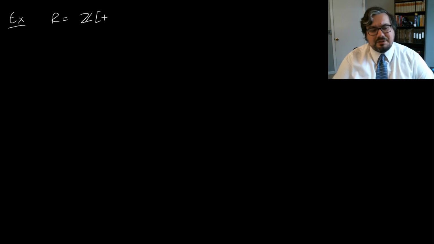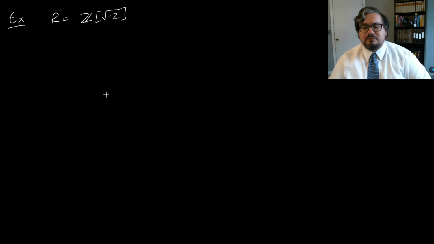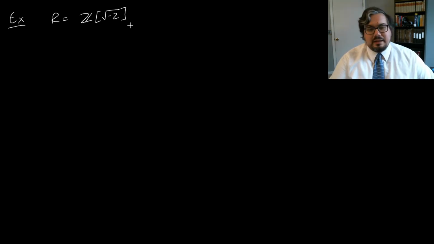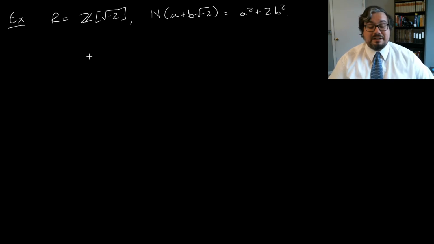Let R be the ring Z adjoin the square root of -2, and let the measure of an element a plus b times the square root of -2 be a squared plus 2b squared. Very similar to what we've been doing in our examples. We've been working with Z adjoin the square root of -7. In this case, we'll do the norm for Z adjoin the square root of -2.